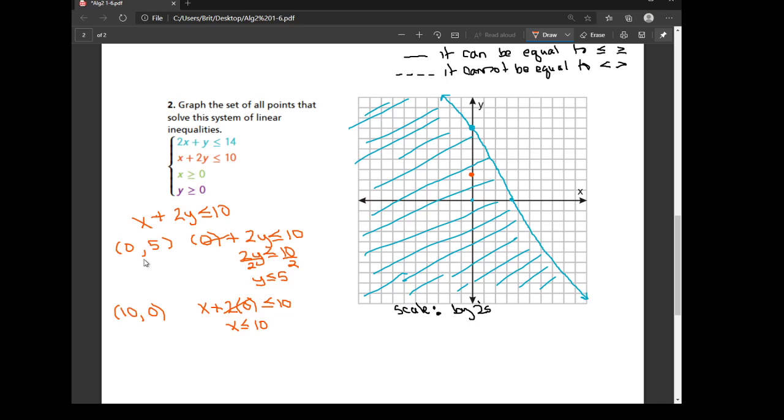So there's my second point. I'm going to go 2, 4, 6, 8, 10. That's right here. And then remember we were looking to see if we use a solid or a dotted line. Because there's the equal to bar under the inequality, I'm going to use the solid line to connect these. I'm going to try to do it with as straight of a line as possible.